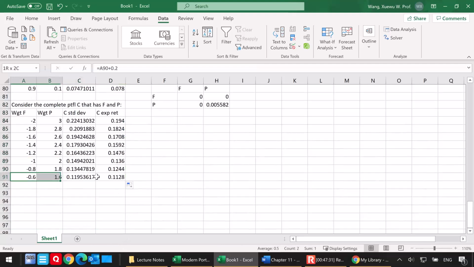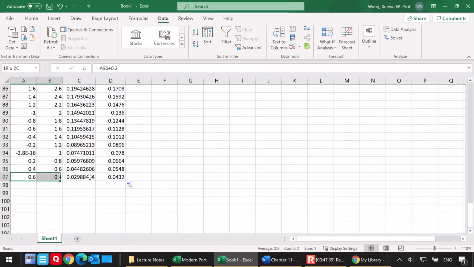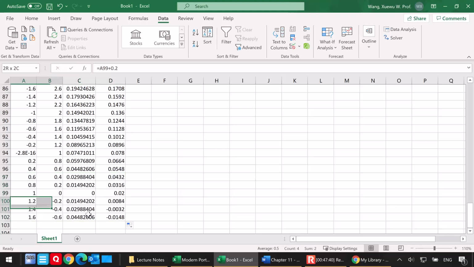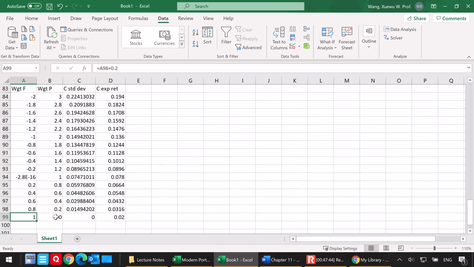So let me just keep copying down here, and I'm going to have a very interesting portfolio where I put everything in the risk-free asset and I put nothing in the risky portfolio, and I call this my grandma's portfolio. My grandma is an old lady and she's really, really risk averse, so she does not want to touch any risk. So she's putting everything into the risk-free asset. And of course, there's no risk and she's only getting 2% return.